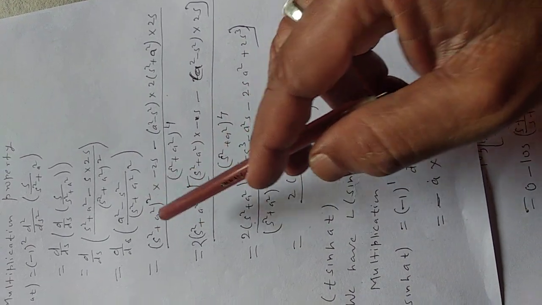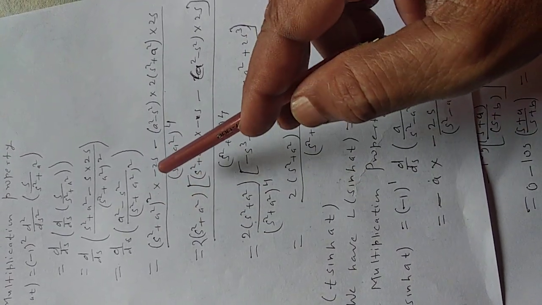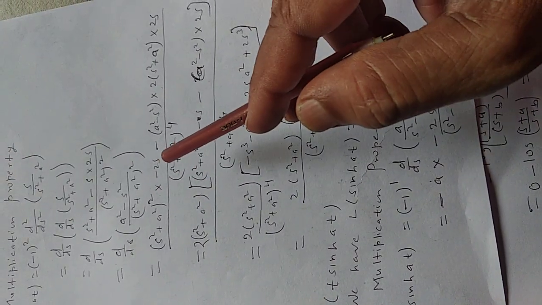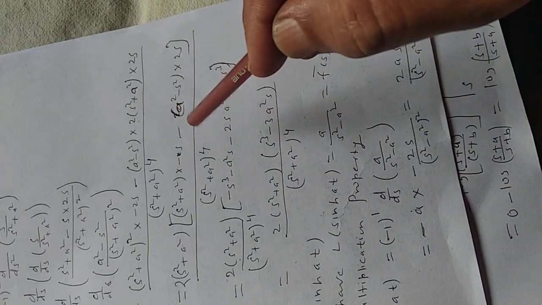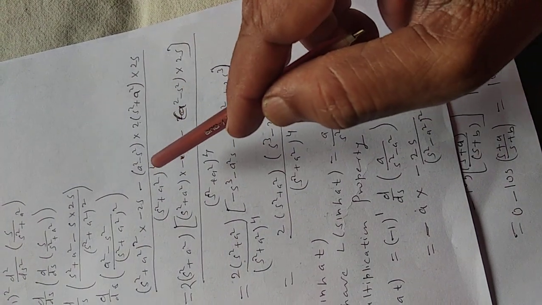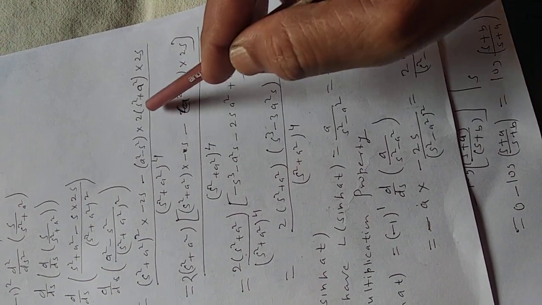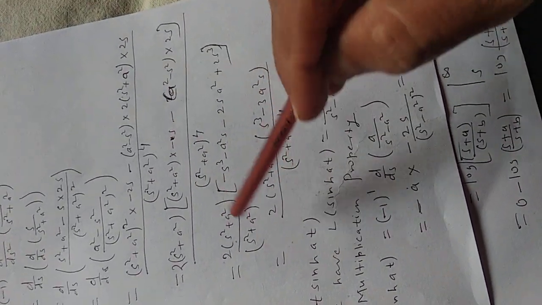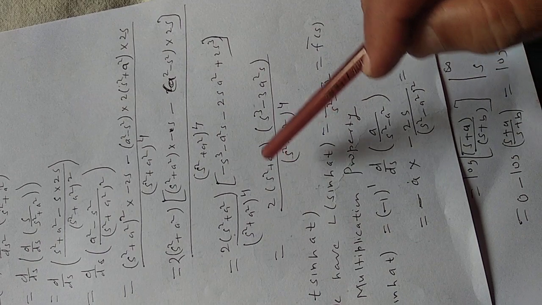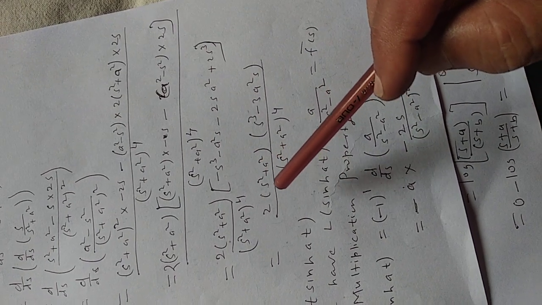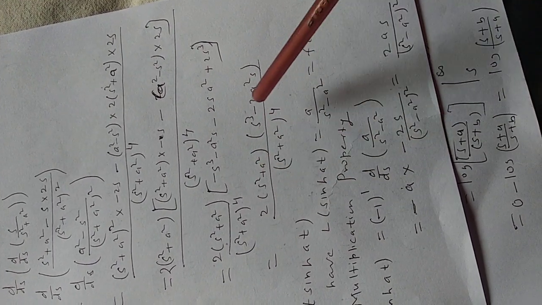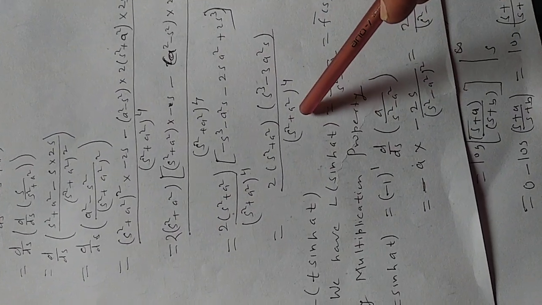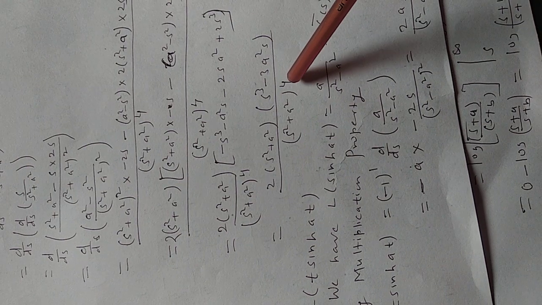2 into s square plus a square is common. What remains here? S square plus a square remains, and the 2 is out. So minus s square minus a square remains. This is the common thing. Into 2s remains, and after that the simplification final stage is 2 into s square plus a square into bracket s cube minus 3a square s divided by s square plus a square raised to 4.